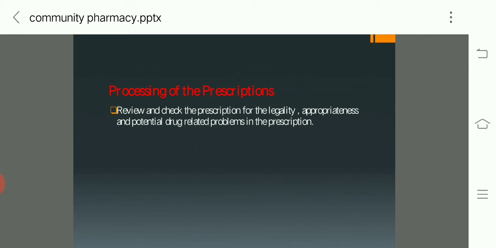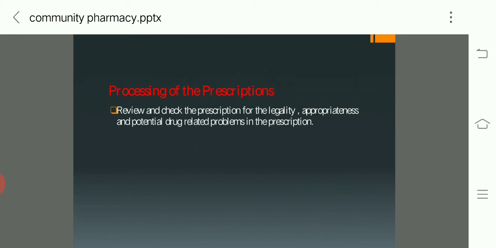Processing of prescription means whenever a pharmacist receives a prescription from the patient, he has to review and check the prescription for legality, appropriateness and potential drug-related problems. What do you mean by legality of the prescription? Whether the prescription is written on the letterhead of a doctor, and whether the doctor's address, registration number, or name is there.